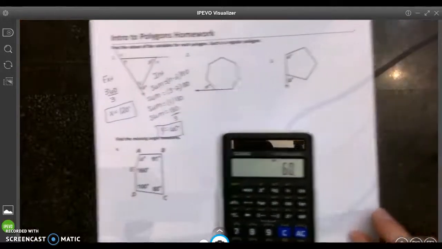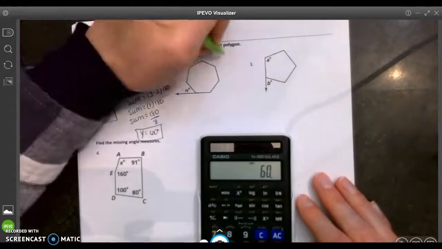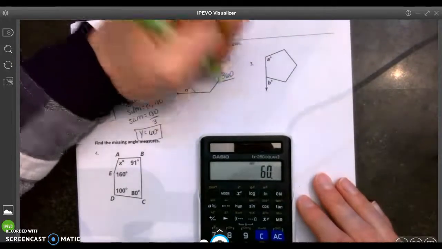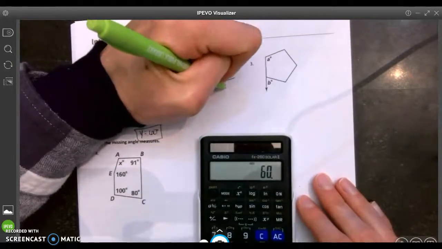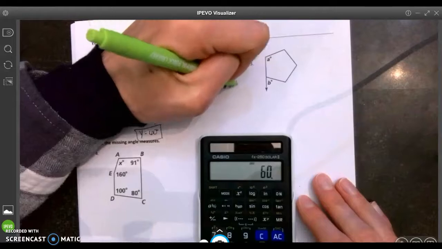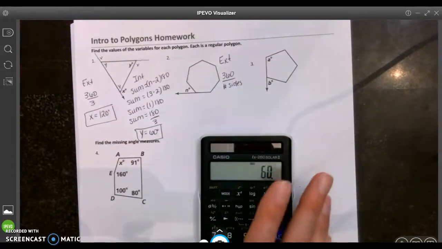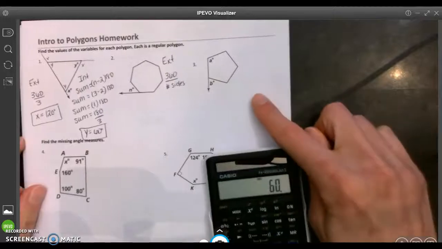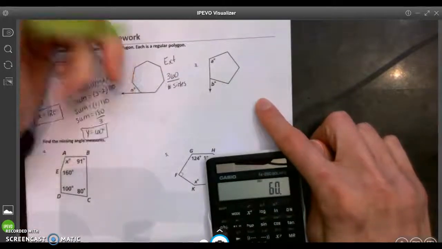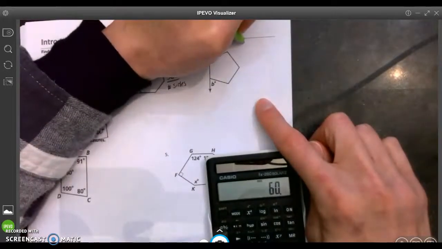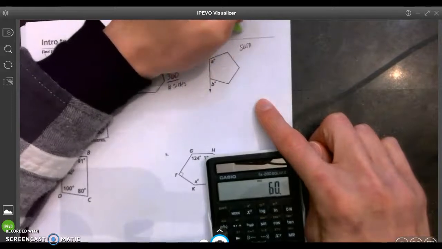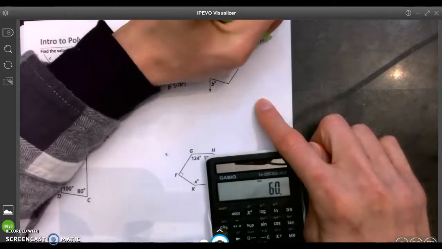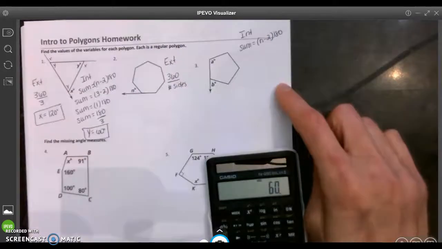In number 2, you are only finding the exterior angle. So 360 divided by the number of sides, because that will also equal the number of angles. In number 3, you're finding an exterior angle, so you need to do this, and an interior angle, where you're using the sum equals the number of sides minus 2 times 180.